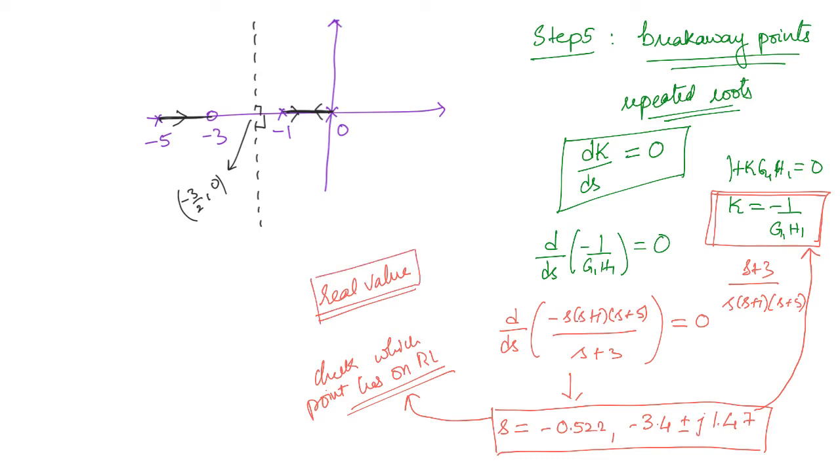If you substitute a value of s and get a complex value, then that will not lie on the root locus. So if you substitute each of these points, minus 0.522 and minus 3.4 plus or minus j1.47, you will see that only one value will give a real value of minus 1 by g1 h1. So this is the long method.